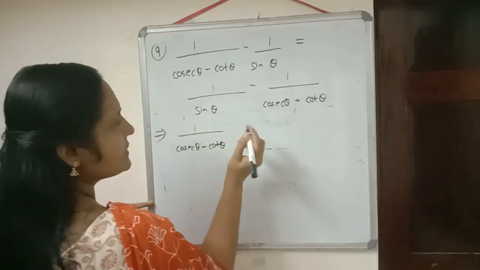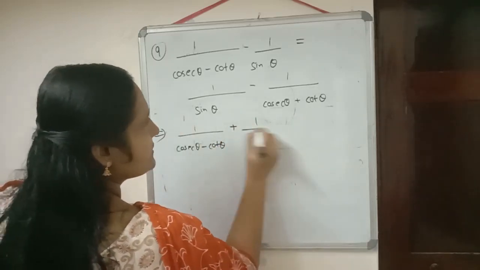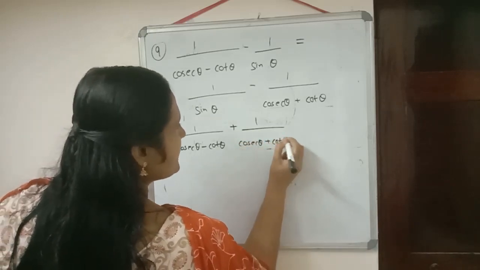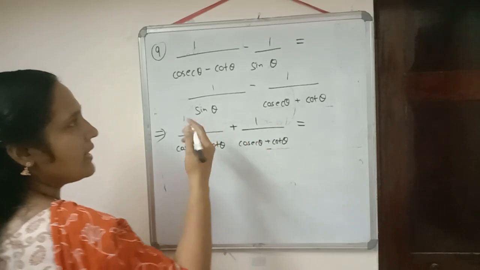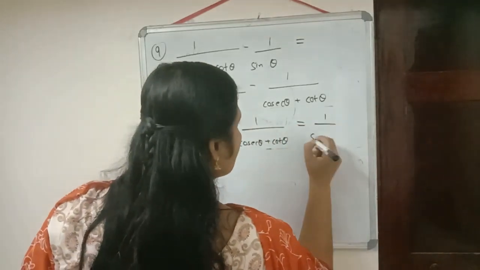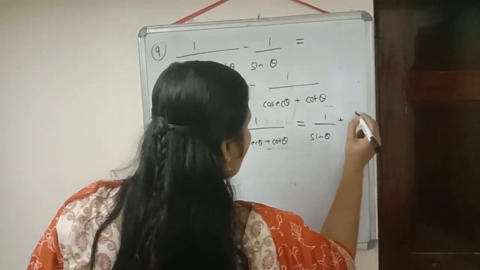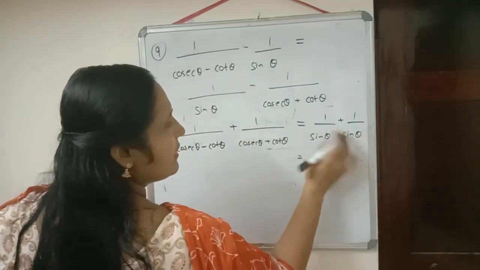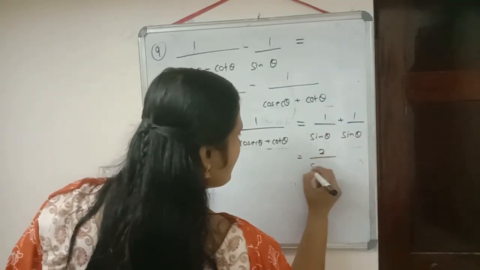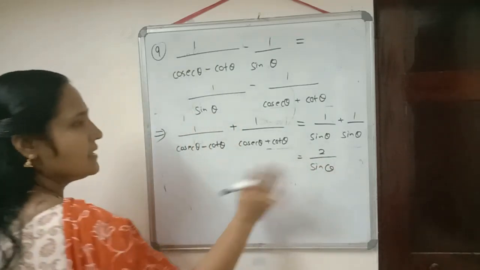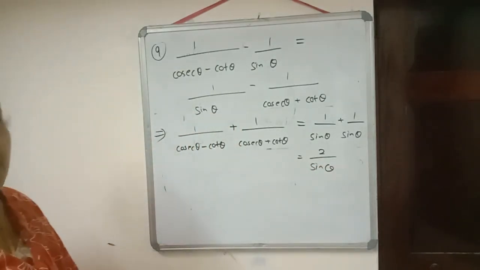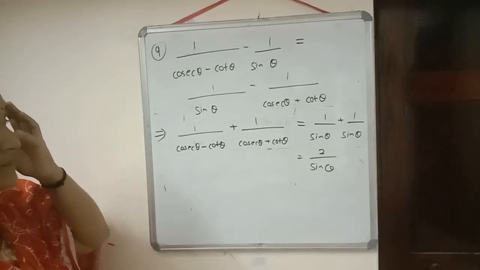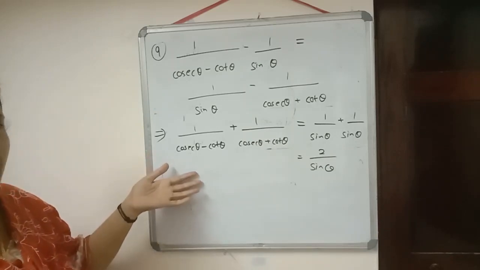This expression I am shifting to the left hand side, so it will come 1 by cosec theta plus cot theta equal to your right hand side 1 by sin theta plus 1 by sin theta, which is 2 by sin theta. So you can prove this expression is equal to 2 by sin theta, or we can simplify it there.